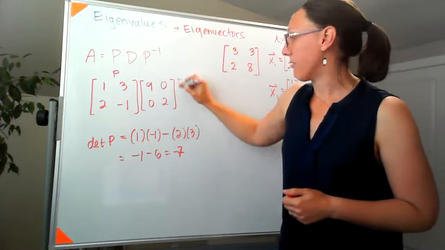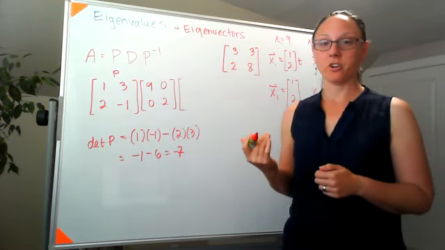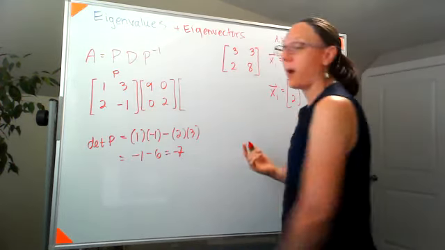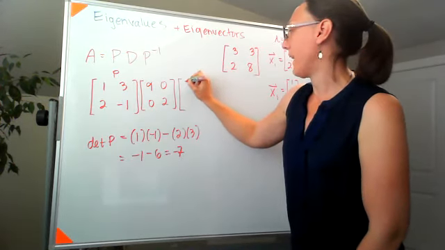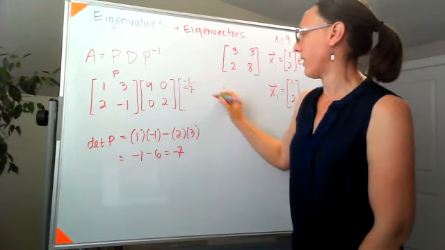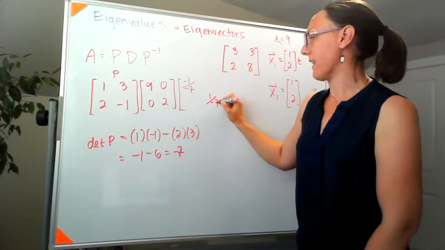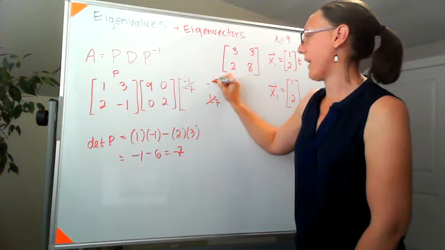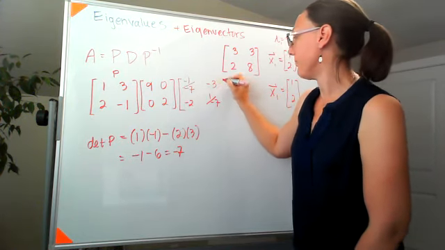So for my P inverse, I'm going to be dividing all of the terms by negative 7. To get the inverse, I swap that primary diagonal. So I'll have negative 1 divided by negative 7 and 1 divided by negative 7. And then I change the sign on the off diagonal. So I'd have negative 3, negative 2.